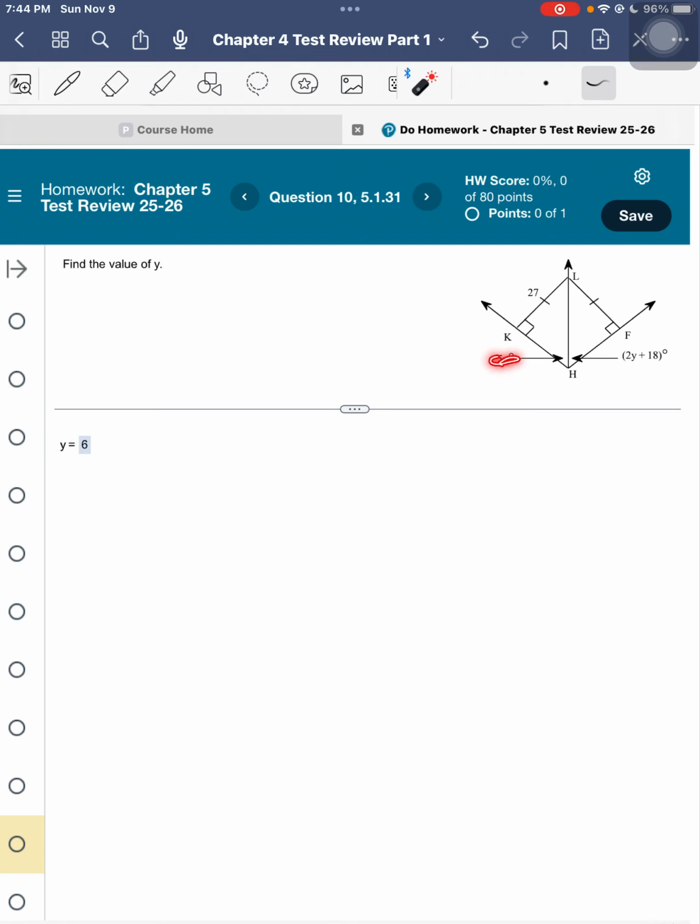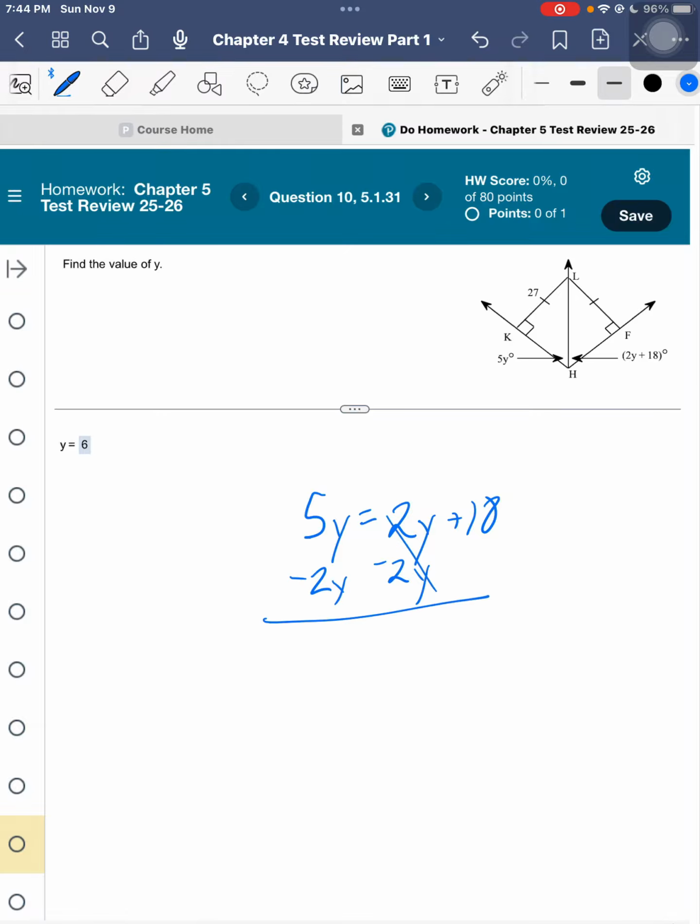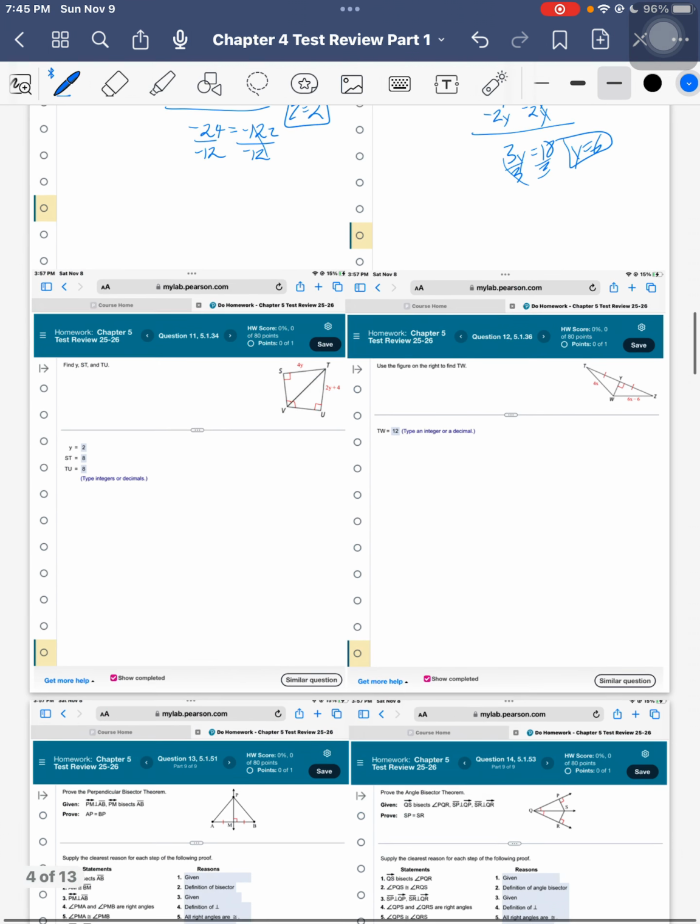So 5y and 2y plus 18 are equal. 5y is equal to 2y plus 18, minus 2y from both sides. 3y equals 18, divided by 3, y equals 6.